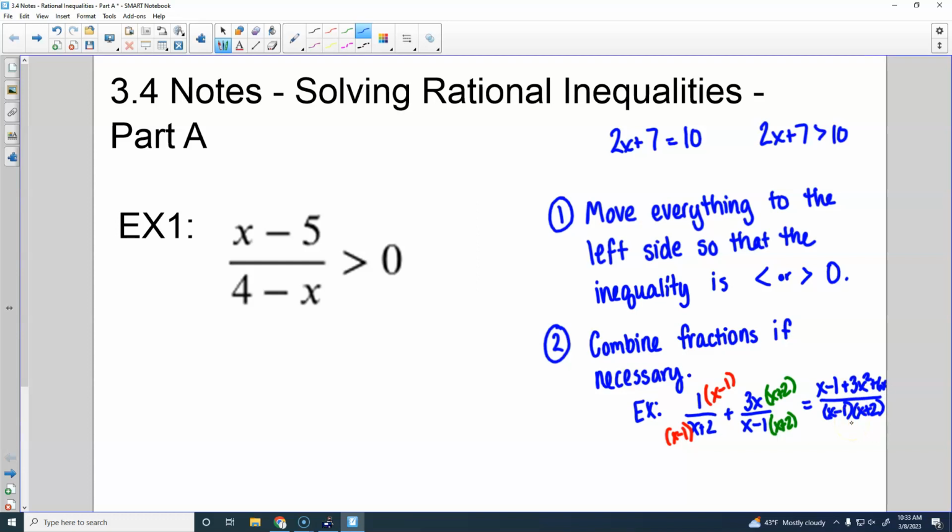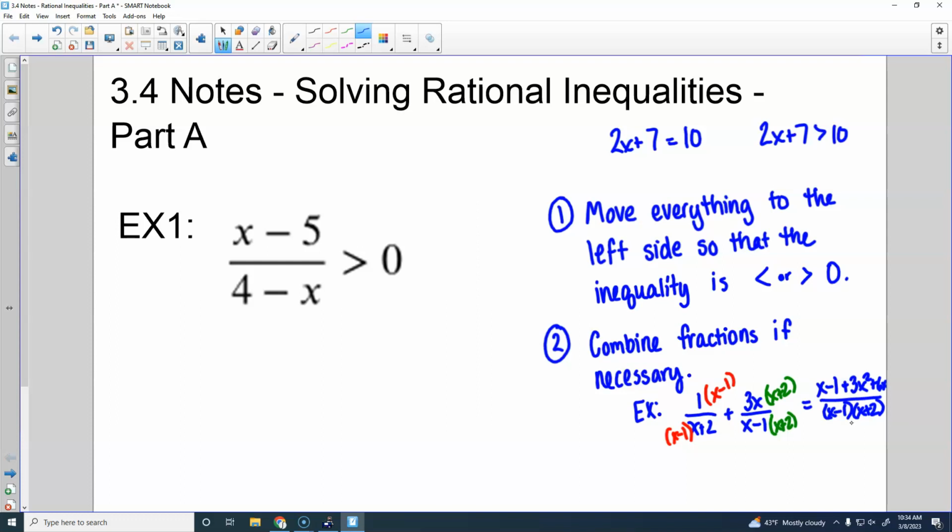So get a common denominator. You need to have one fraction on that left-hand side. We'll look at this more tomorrow, because today I'm only giving you problems where everything is already on one side and you already have those combined.